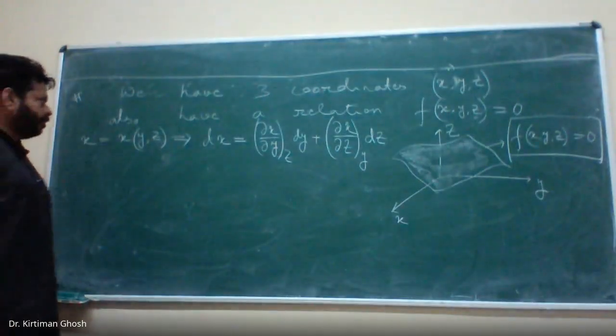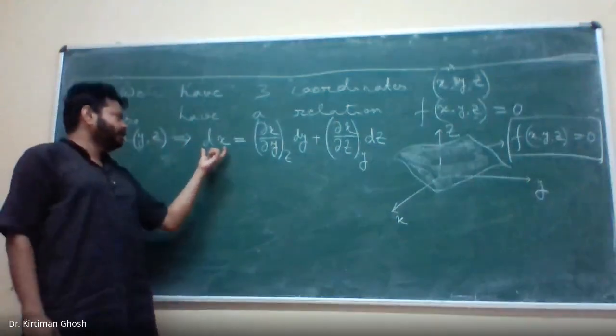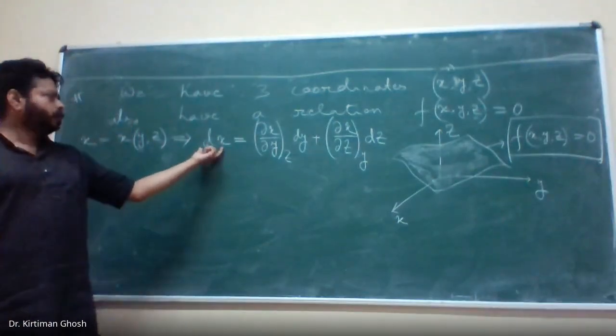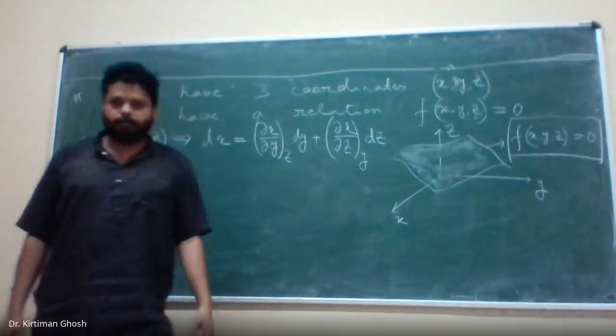Right? So an infinitesimal change in y and z will give you an infinitesimal change in x, which is dx, which can be written in terms of dy and dz with the slopes.